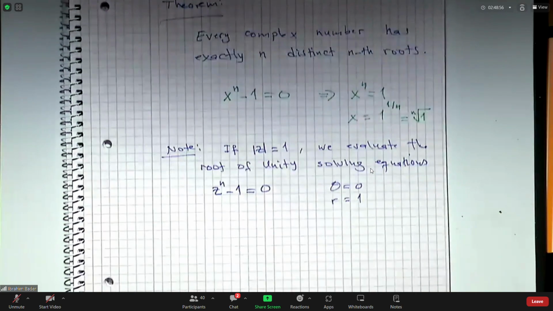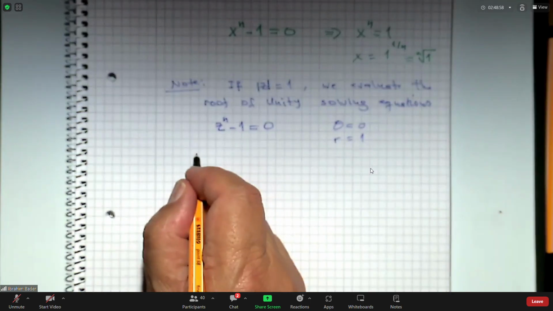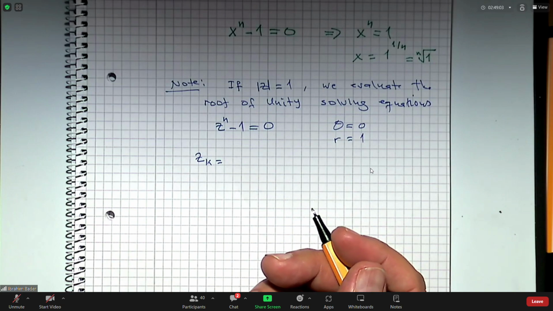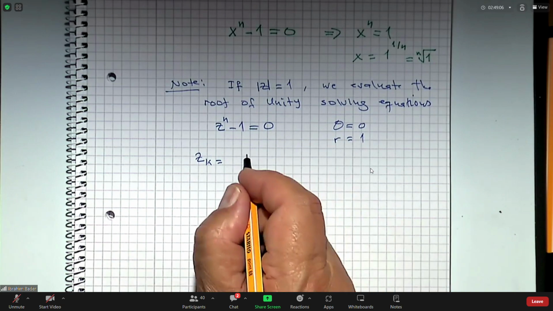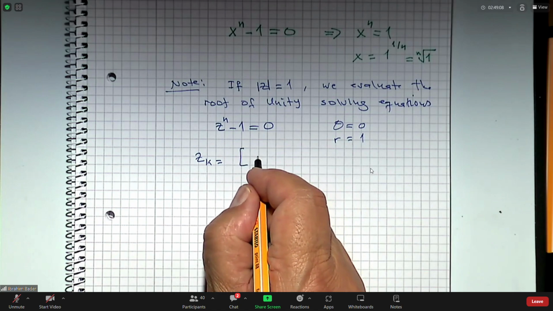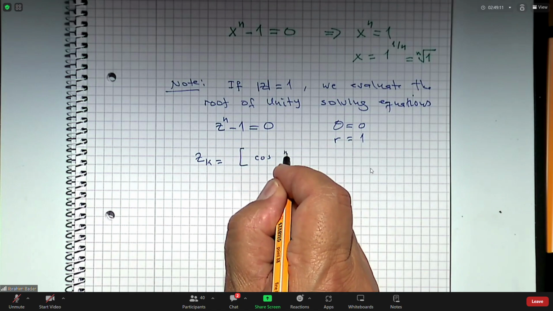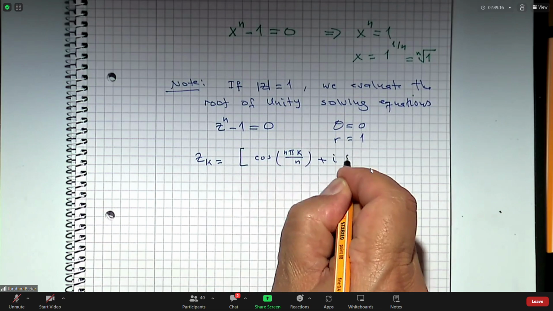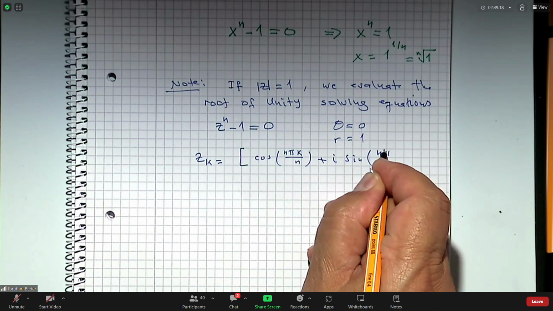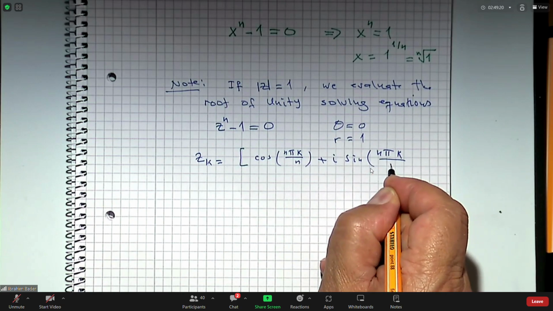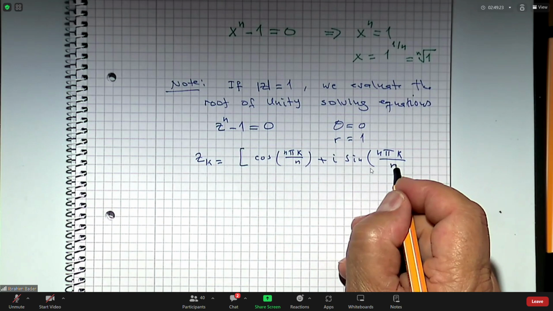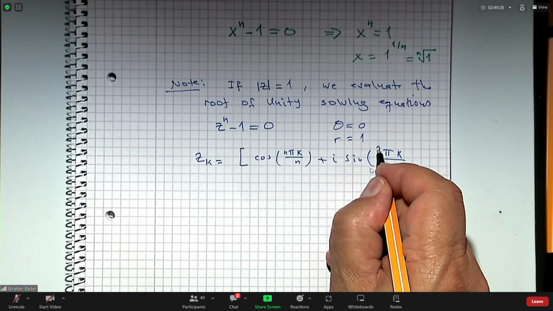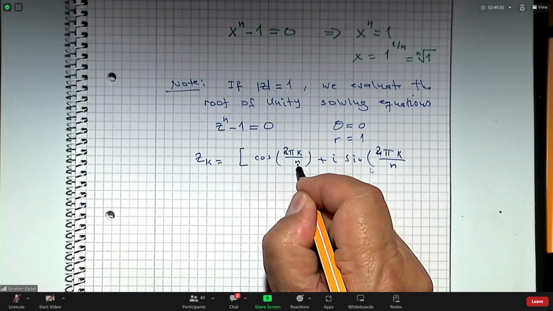So I modify the roots formula here. So z sub k equals, any root of 1 is 1, so no need to write it. And then we end up having cosine of 2 pi k over n plus i sine of the same. It's just a modification of the previous. And this is not n, of course, this is 2 pi, and down here is n. Okay.